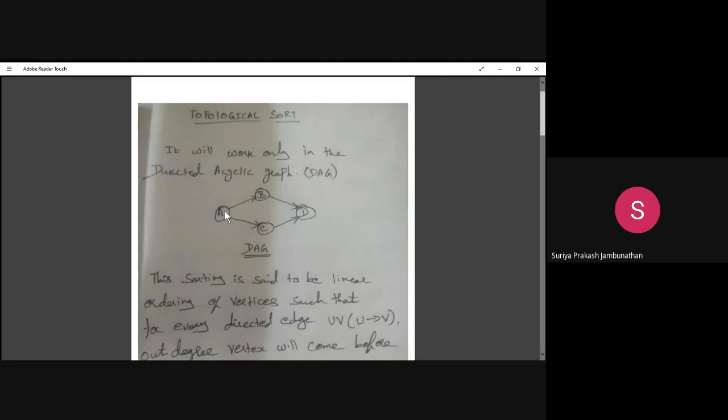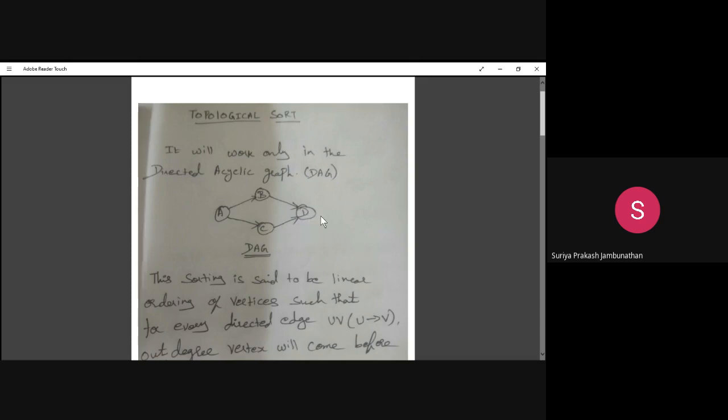When you make the direction from A to B, from B to A it's not possible. The same way A to C, from C to A again it's not possible. Also B to D and C to D, so from D it's not possible to come back to B, because the direction is only towards D.